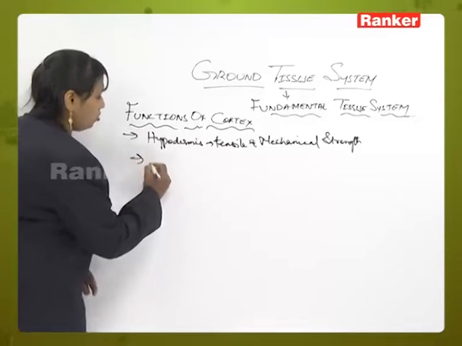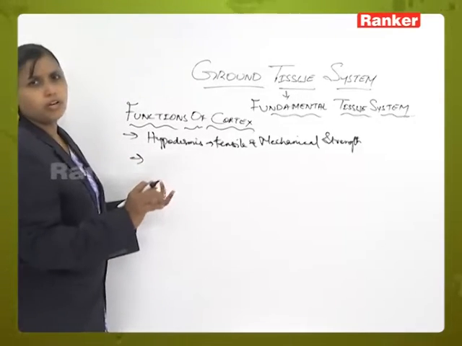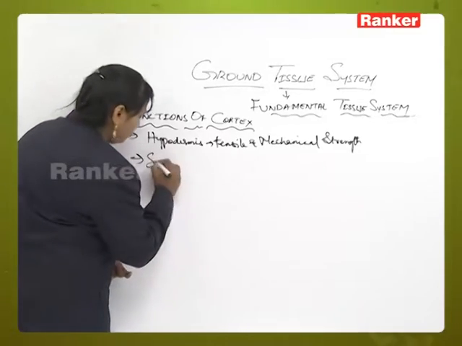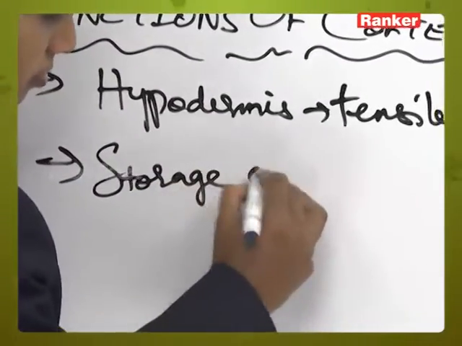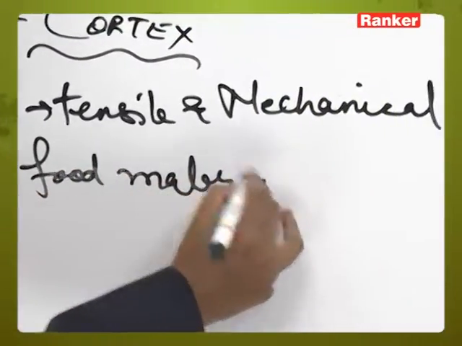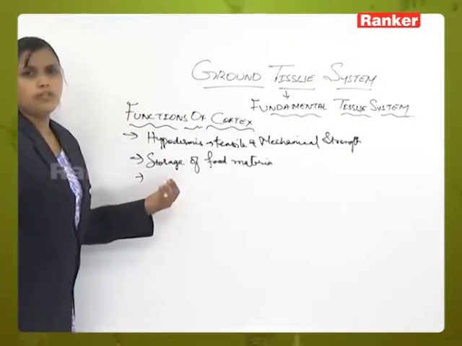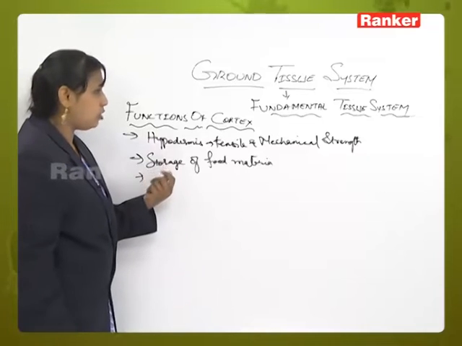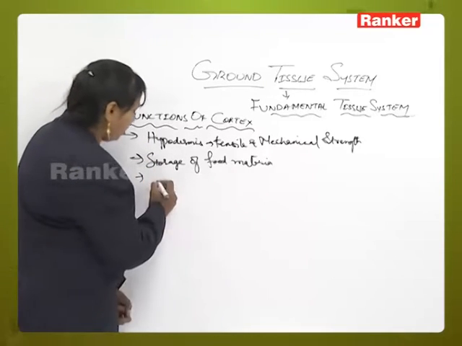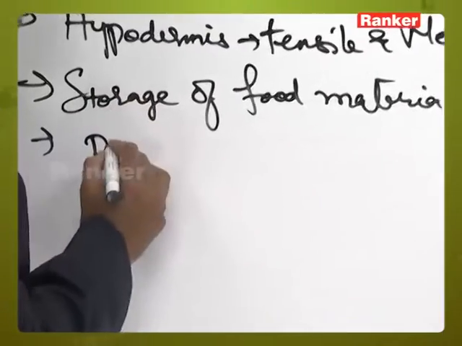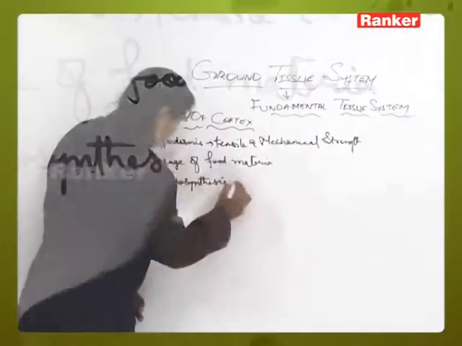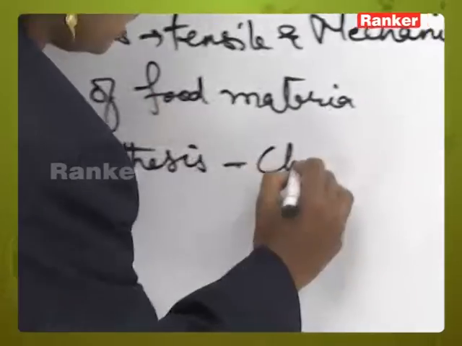Cortical cells are also useful for the storage of food material. Now there are some green chlorophyll-containing, chlorenchymatous cells which are also helpful in undergoing photosynthesis.